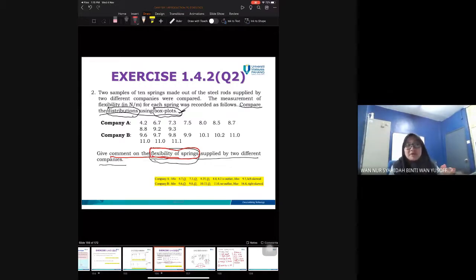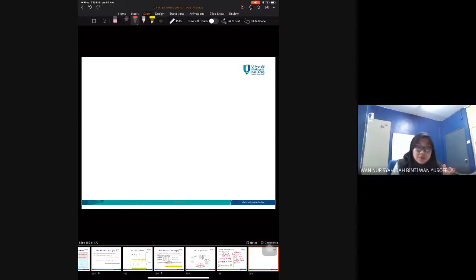You can talk about which one is more flexible, or you can just compare the flexibility of the spring based on the average. It is not like the previous one, where we had which one is better, or which one is less consistent, for example. Okay, that is another way to interpret your average.